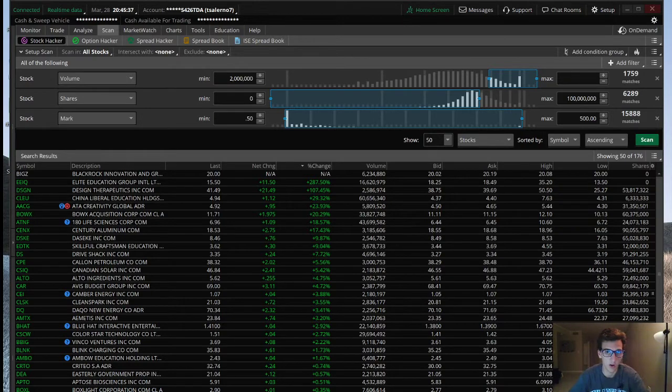That's why I have this special scanning tool on ThinkOrSwim, which everybody has if you have ThinkOrSwim. If you have the older versions, you're not going to be able to use the scanner before the market opens in pre-market hours. But if you have the latest version, you will be able to use it pretty much any time of the day: pre-market, during market open, and after hours.